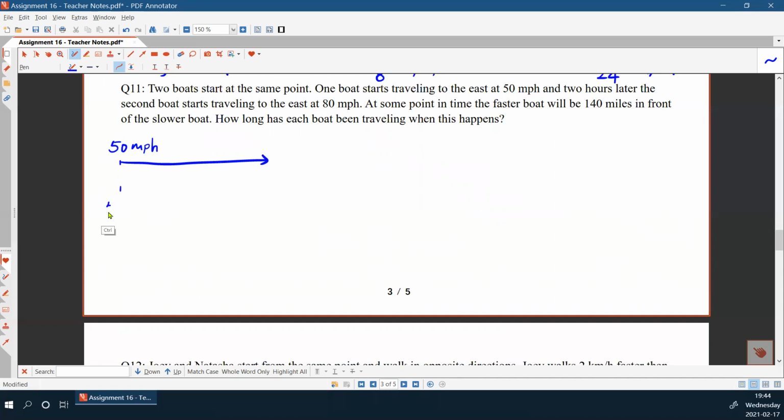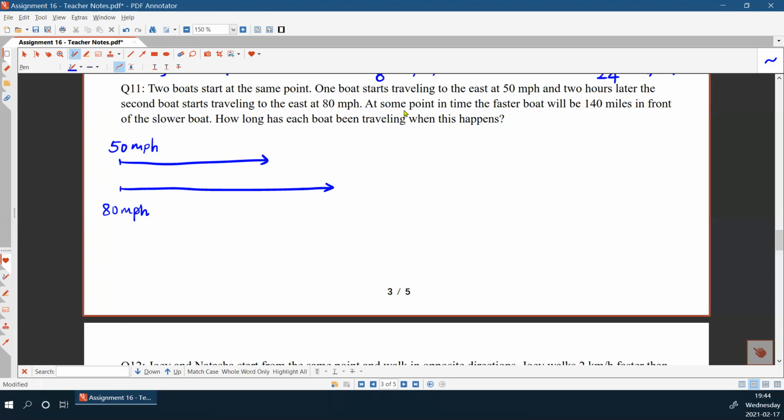This is 80 miles per hour. And eventually, because the second boat travels faster, it will exceed the slower boat, right?